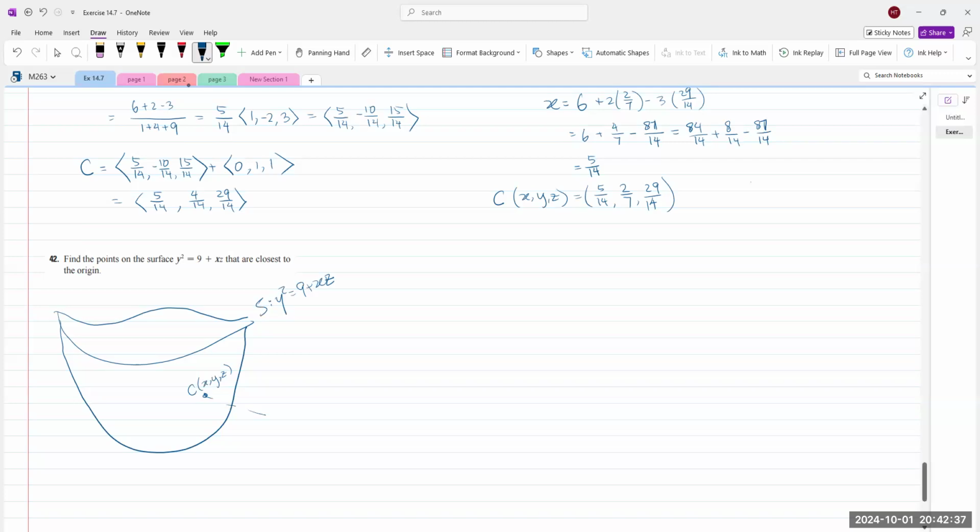Let's find the distance from the origin. So distance squared will be x squared plus y squared plus z squared. We happen to have y squared, which is 9 plus xz plus z squared. Now call this distance squared our function of x and z. The nice thing is we have symmetry between x and z.